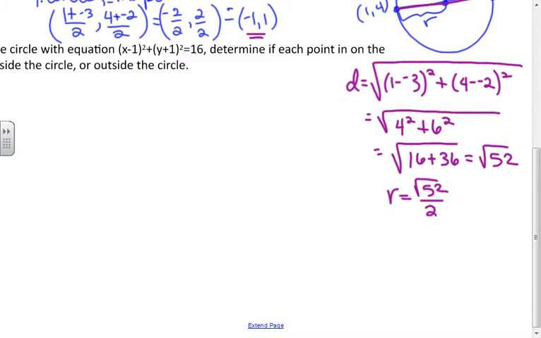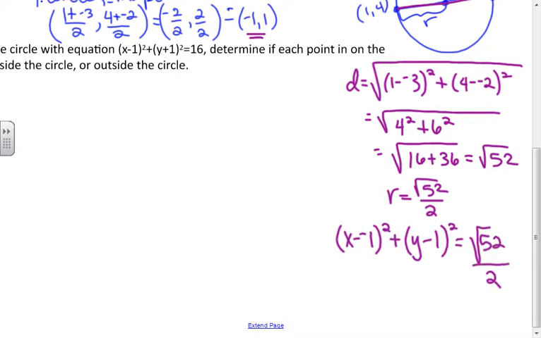If I go back here to my center, my equation is going to be x minus negative 1, the quantity squared, plus y minus 1, quantity squared, is equal to the square root of 52 over 2, squared. I just inserted everything into the formula.